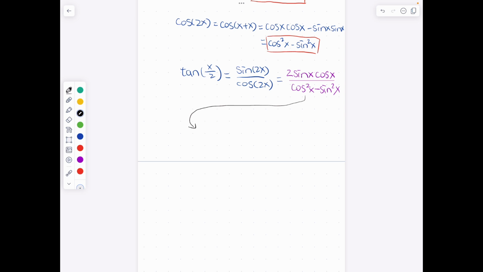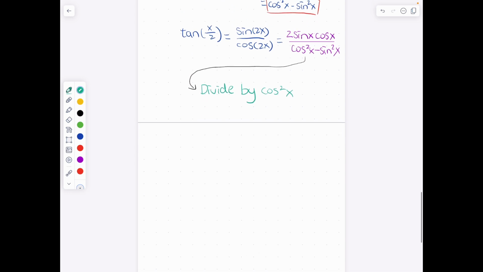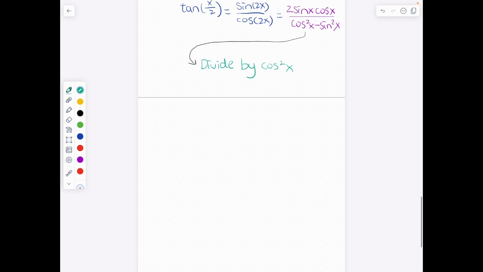And so do you see what we should divide to simplify? I mean, I already see it. So we just divide by cosine squared x. And honestly, this is pretty hard to figure out without knowing how to prove this, so it's okay if you didn't see it.